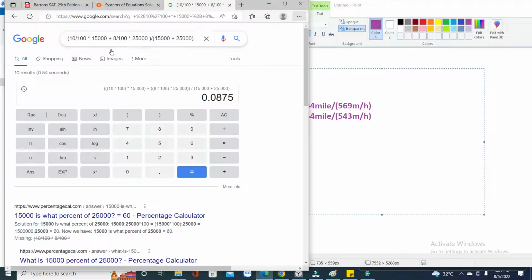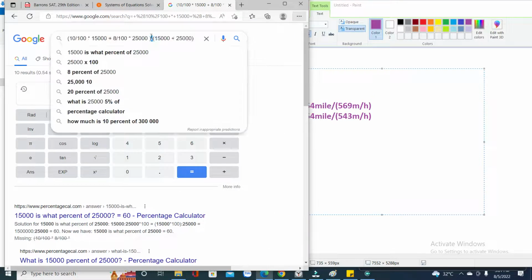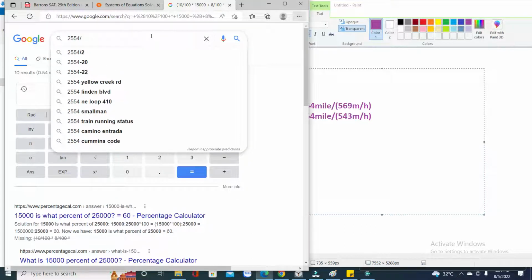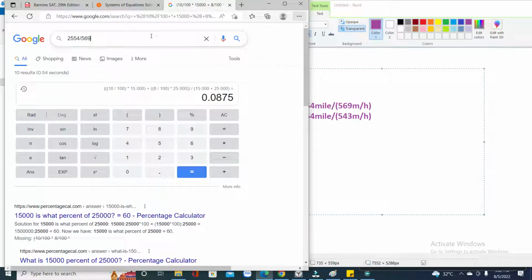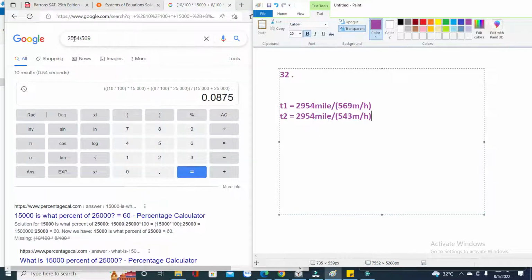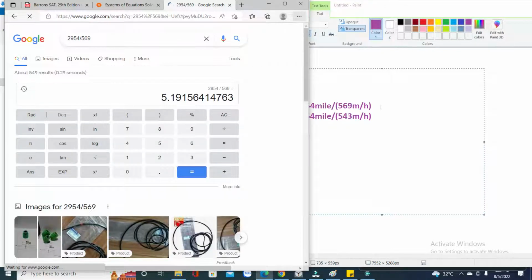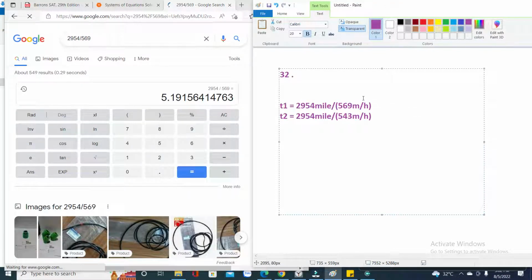2,954 over 569 is 5.1915 hours. I'm going to keep 5.1915 hours.